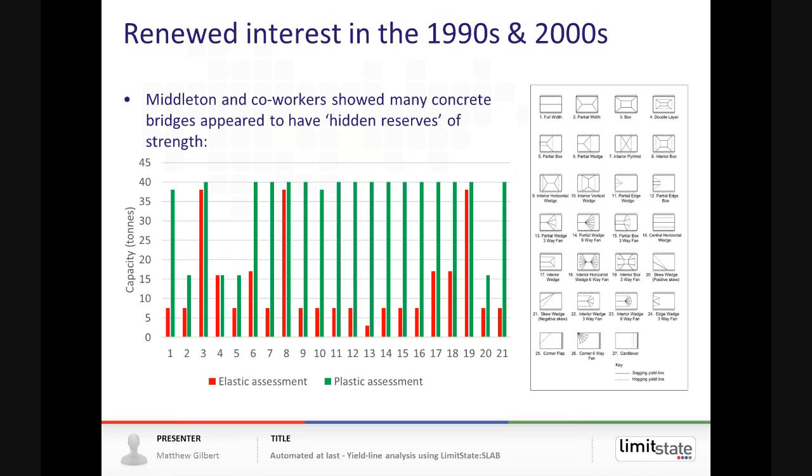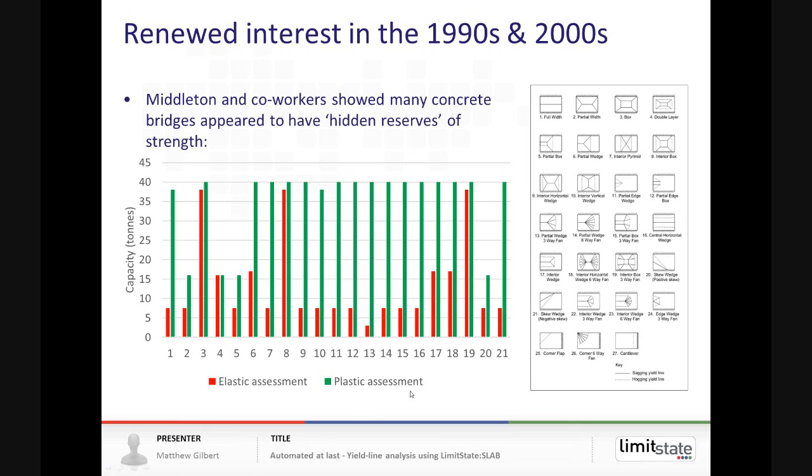In terms of interest in the method, it certainly was popular in the 60s and 70s. There appeared to be renewed interest in the 90s and 2000s. For example, when it comes to assessment, Middleton and co-workers at the University of Cambridge showed that many existing concrete bridges appeared to have a lot more strength than traditional calculations were indicating.